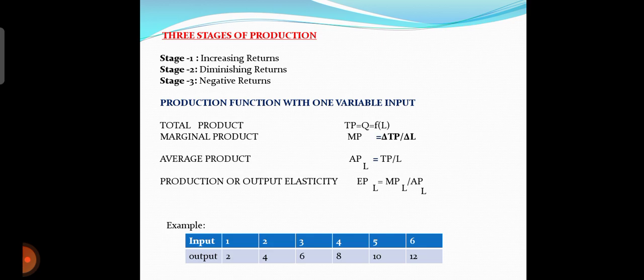As the quantity of one factor in the combination of factors is increased after a point, the average and marginal product of that factor will diminish. Reasons for this are scarcity of fixed factors and lack of perfect substitution of factors of production. It also includes total product, marginal product, average product, production or output elasticity.